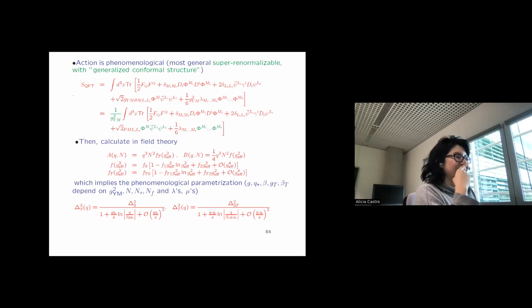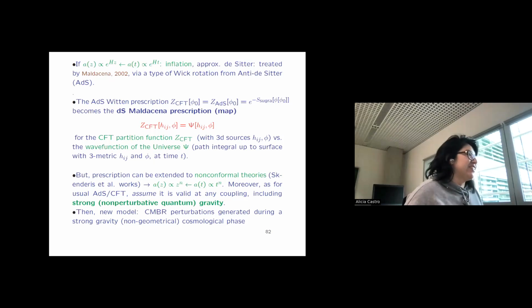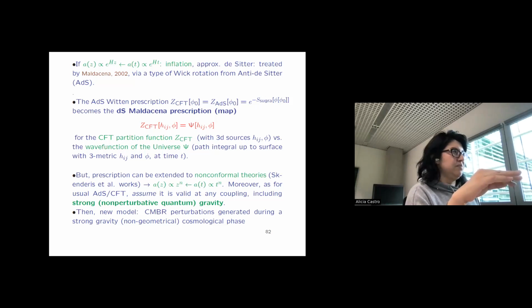I had a couple of things there. Your partition function for the CFT has this spatial metric, but I didn't see it; I guess this metric is a classical background spacetime.